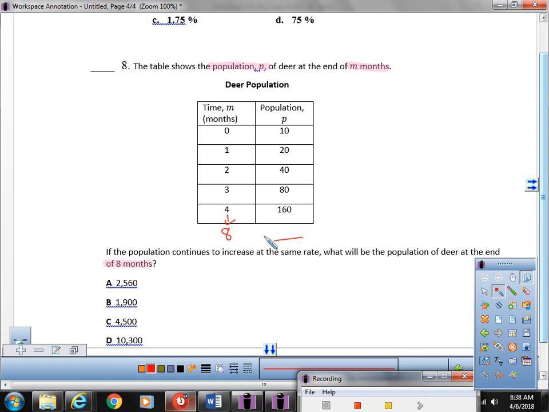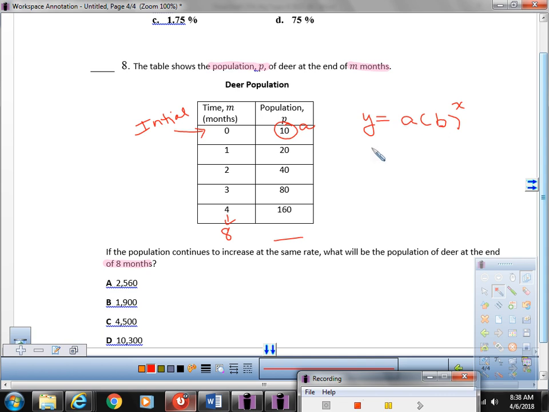And the easiest way would have been to set up an equation. Like, come up with the equation, look at your starting amount, and then look to see what's happening. So right here is your starting amount. This is your initial value, but it's not the 0, it's whatever number is here. This is your A. They started with 10 deer.